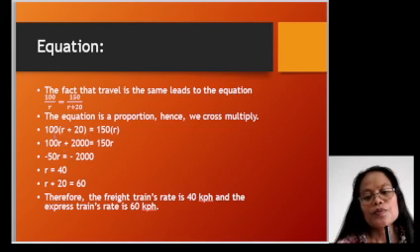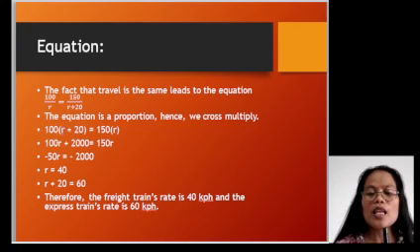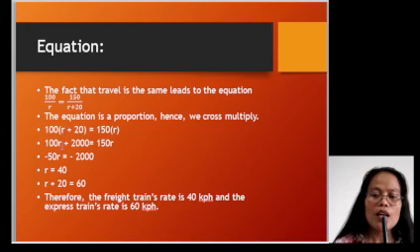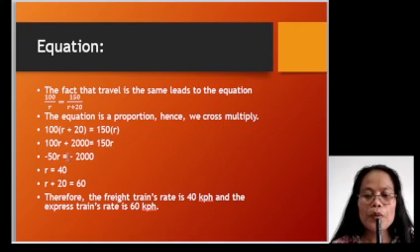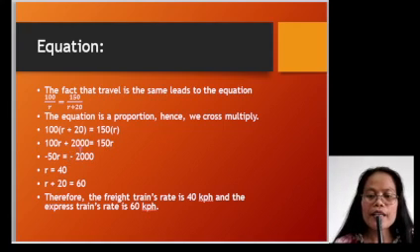So we apply the cross multiplication to solve for R. And we need to apply the distributive property on the left side of the equation. So 100 times R is 100R, and 100 times 20 is 2,000. And 150 times R is 150R. To solve for R, we need to simplify and combine like terms.